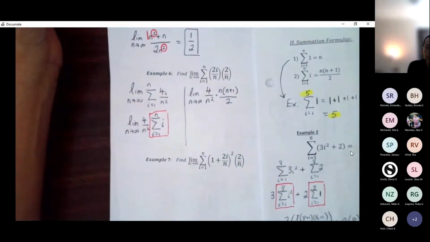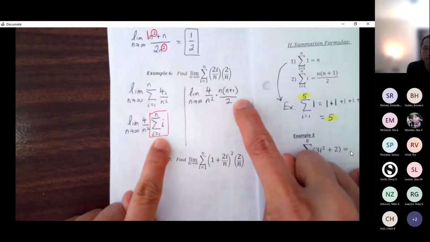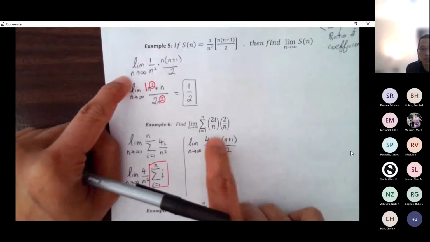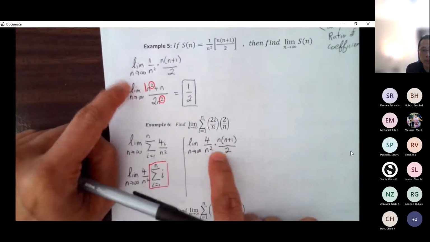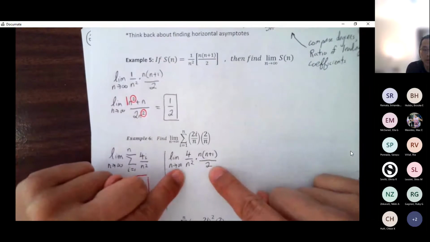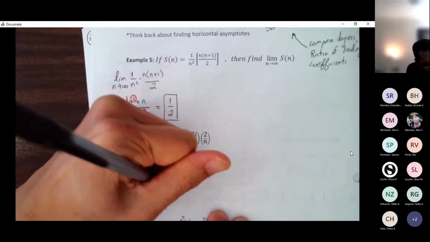Made a substitution there. So now it just feels like the previous problem, right? We're just going to get all this cleaned up so that we can cleanly match the degrees between numerator and denominator, and then take the ratio if the degrees match.